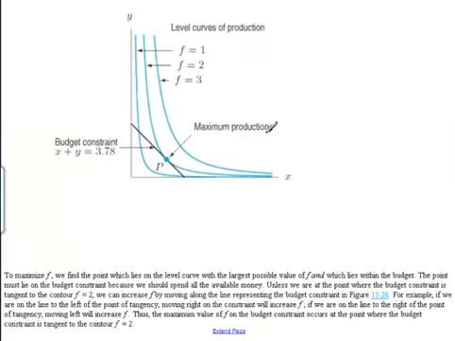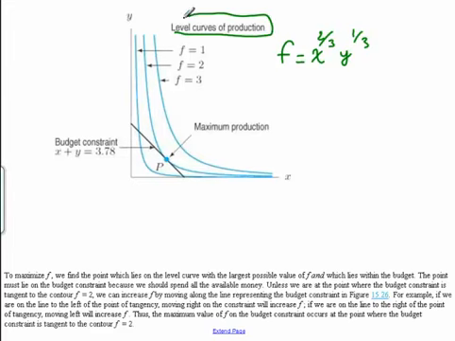Well, let's think about what's going on here. Given our function, what we could do is consider a bunch of level curves. And we understand what level curves are. Level curves are when we say, let's fix our dependent variable, when f equals 1.